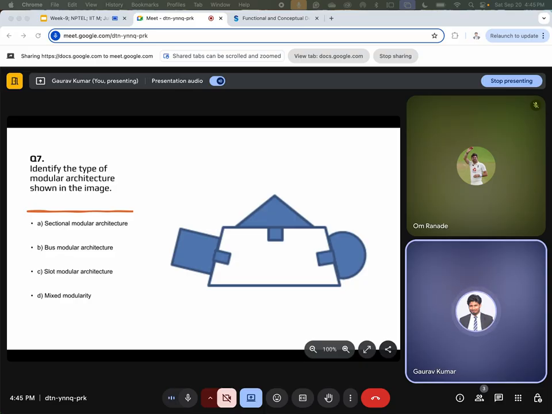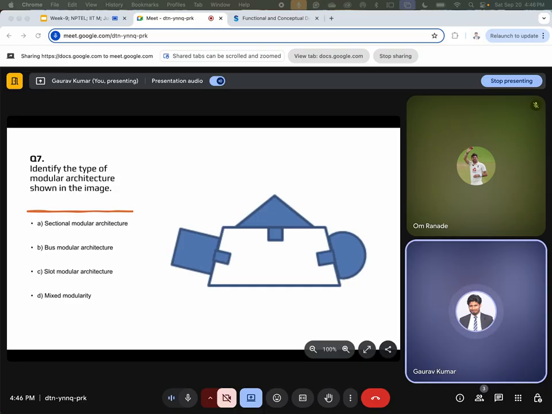So by giving each module a predefined interface, the architecture reduces ambiguity and avoids potential mismatch in the design. Compared to bus modularity, which uses a common backbone for multiple modules, slot modularity provides a more specialized interface.